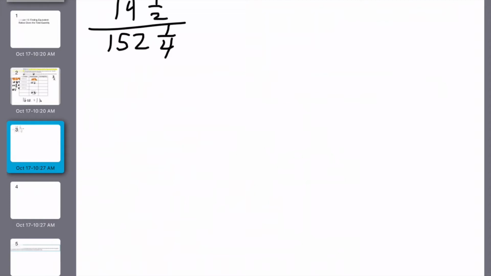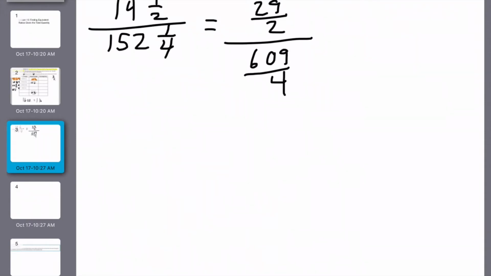So it's important for me to try to change these to be improper fractions instead of mixed numbers. So I do 14 times 2 plus 1 will give me my new numerator. So this is going to be 29 halves over 152 times 4 plus 1 is actually going to be 609 over 4.